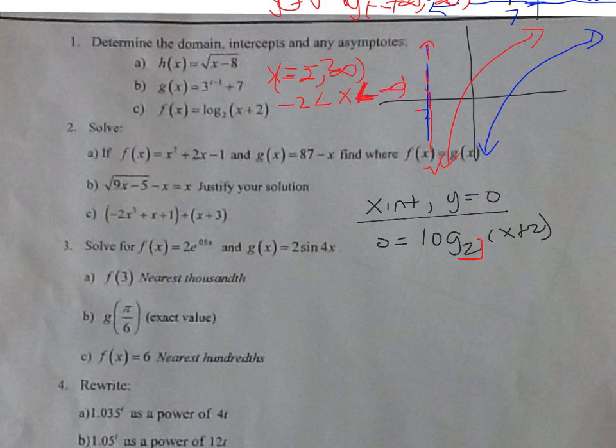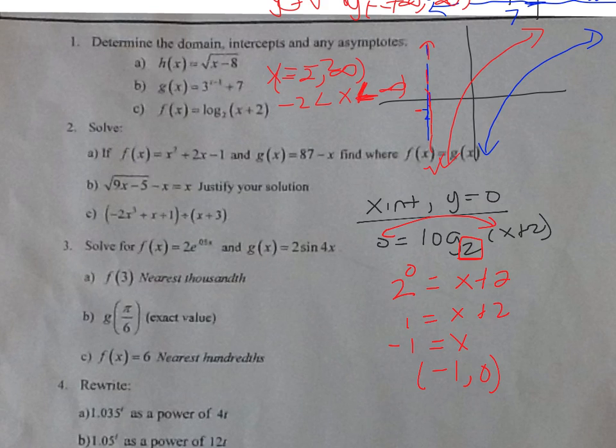The base is 2. So it's 2 to the, remember these two switch. So I get 2 to the 0 equals x plus 2. 2 to the 0 is 1, equals x plus 2, minus 2. I get x is equal to negative 1. So that would be my x-intercept, negative 1, comma, 0.